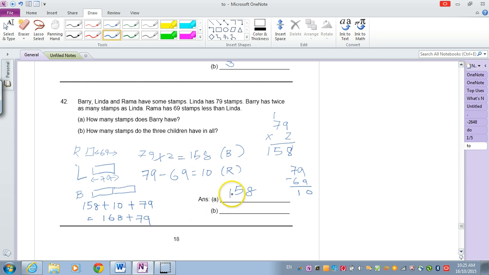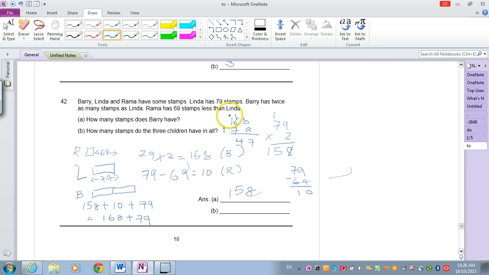Alright, let's do our working. So 168 plus 79. 8 plus 9 will give me 17, so I'll do a regrouping. 6 plus 7 gives me 13, plus 1 would be 14.